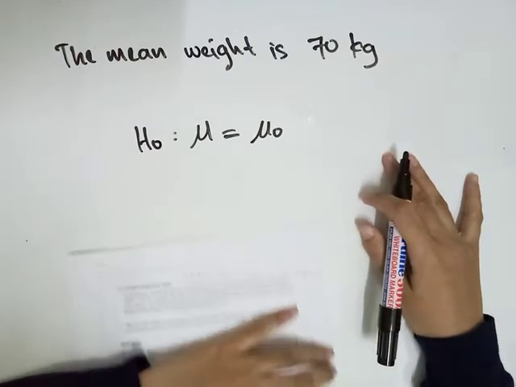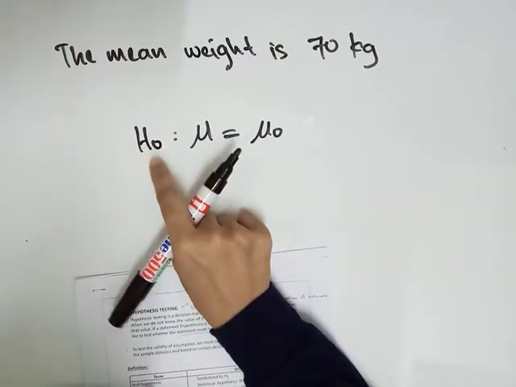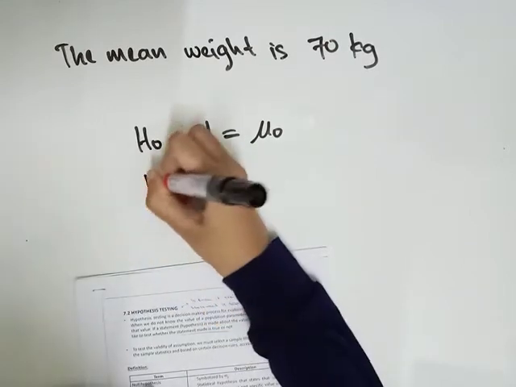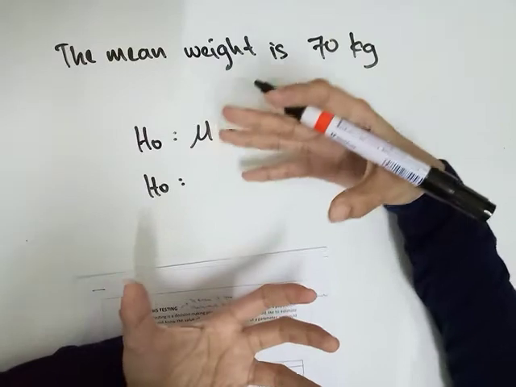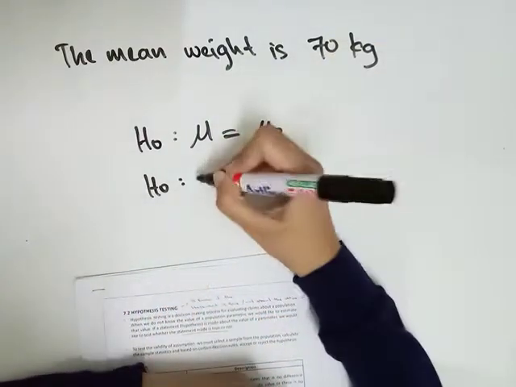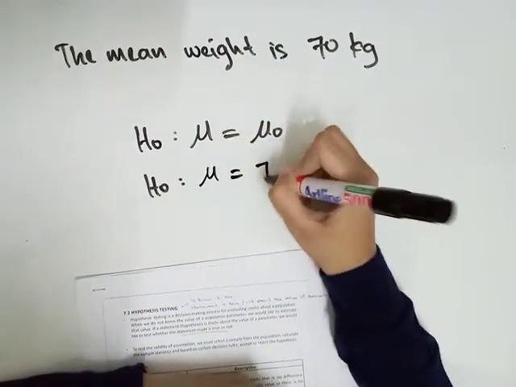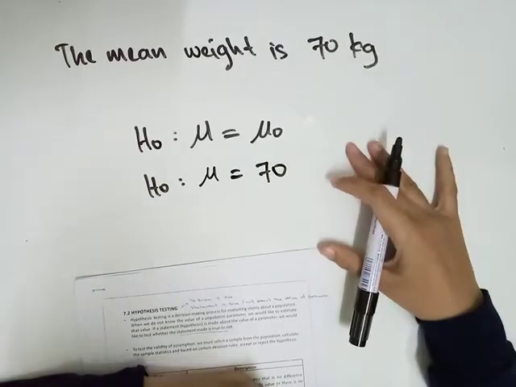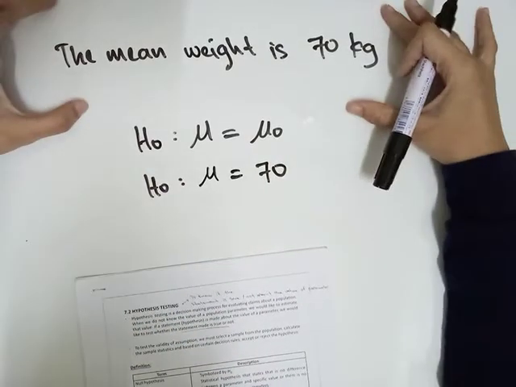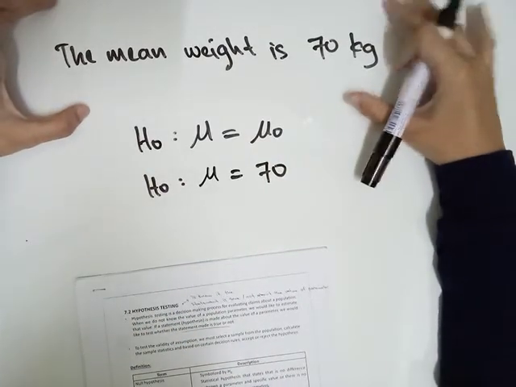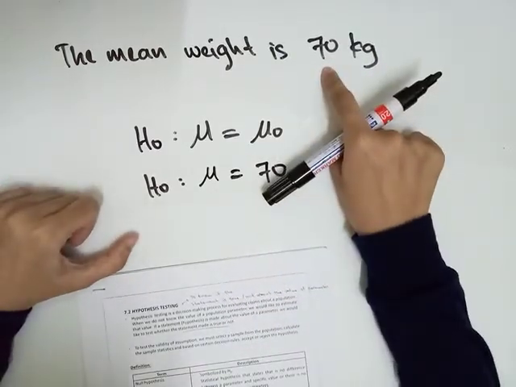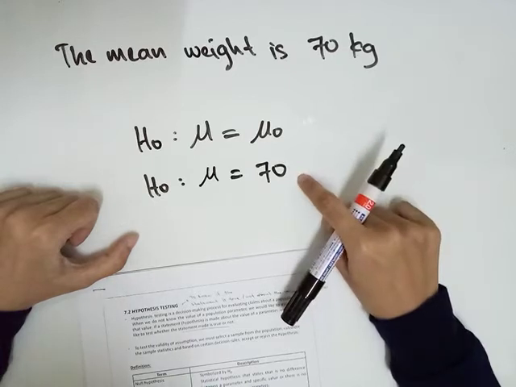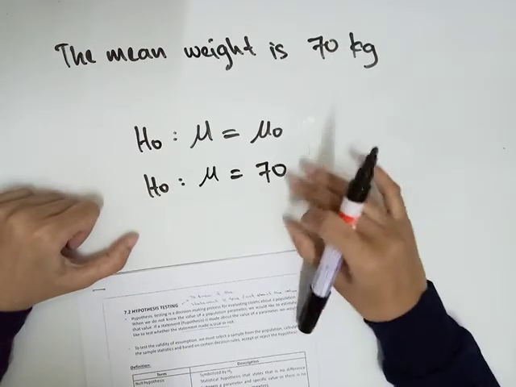So to denote for H0, disebabkan dia is, that mean dia sama saja, there is no difference, so mean is equal 70. Okay, this is the statement yang dibagi. So to denote for H0, mean is equal 70. Kg ni tak perlu tulis lah, no need. Just write the value.